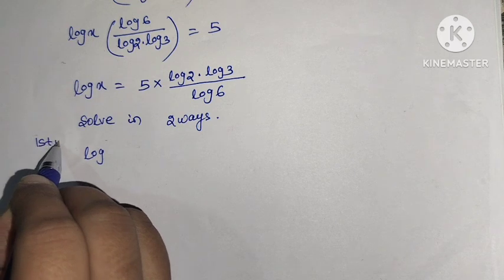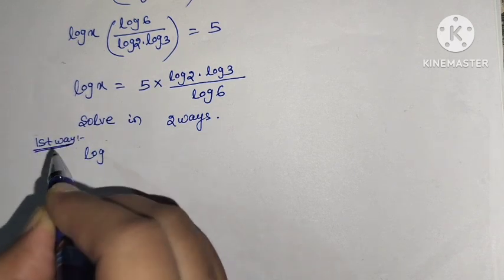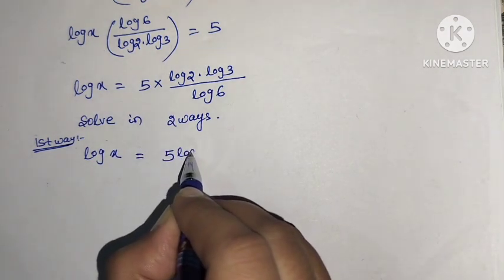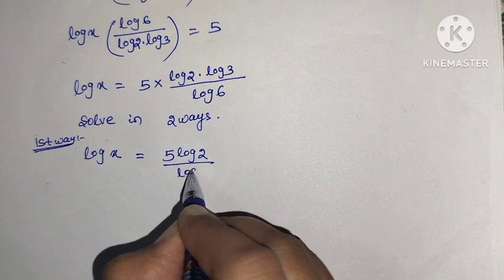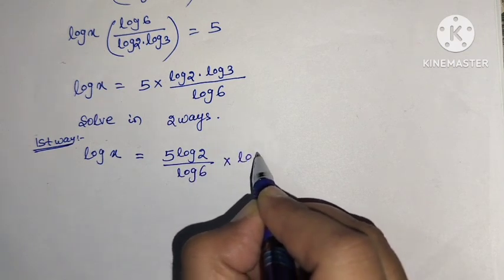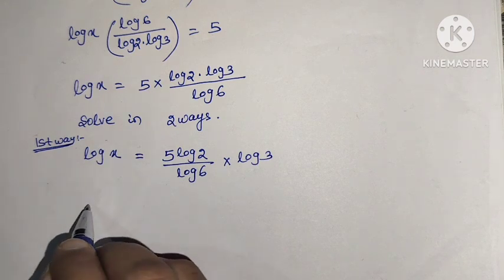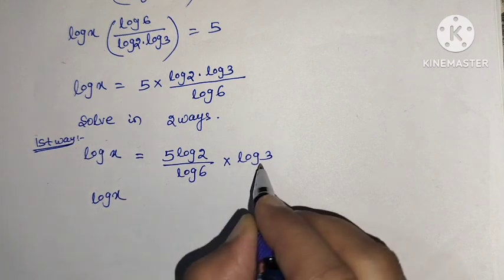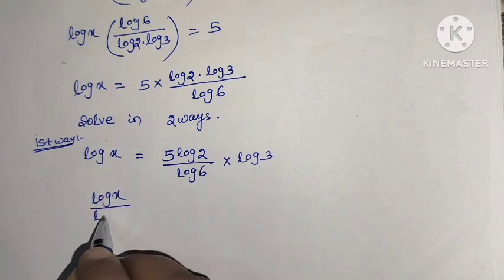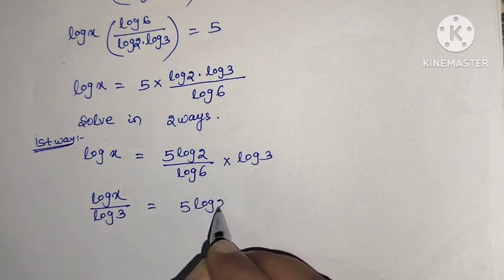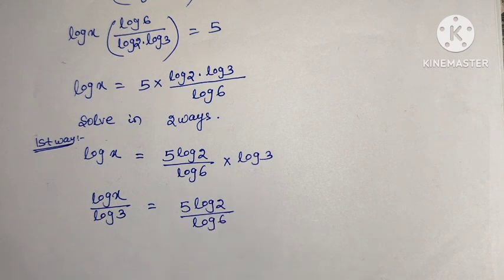First way: log x into log 3, multiply here, on the opposite side it will be divided. Log x by log 3 is equal to 5 log 2 divided by log 6.